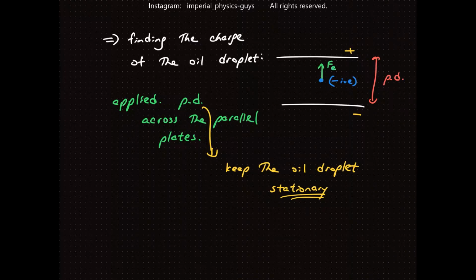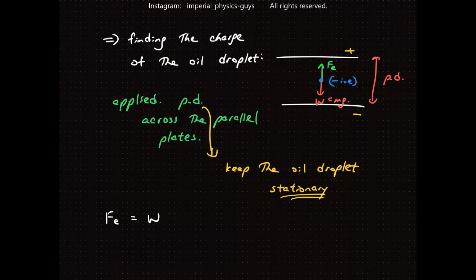Fe, the electrostatic force, where the oil droplet still experiences its weight acting vertically downwards. I can now apply Newton's first law, where this oil droplet is stationary, so Fe must be balanced by the weight.